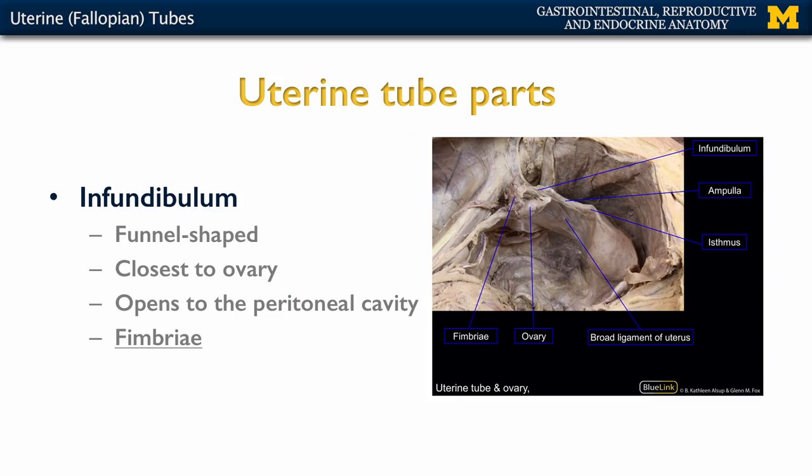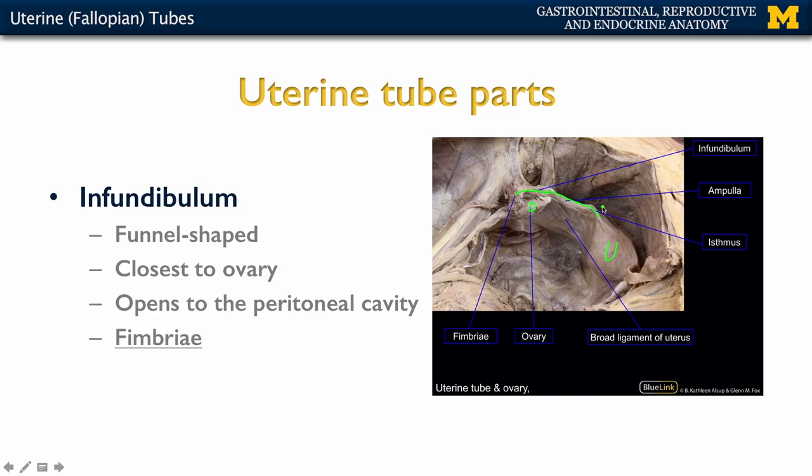Now let's start with the most lateral portions of the uterine tube, and this is referred to as the infundibulum. There's two main areas that I want to talk about when we're talking about the infundibulum. So let's get organized in terms of where we are in this picture. Here's the uterus, the ovary is here, and then this structure right here, this is the uterine tube.